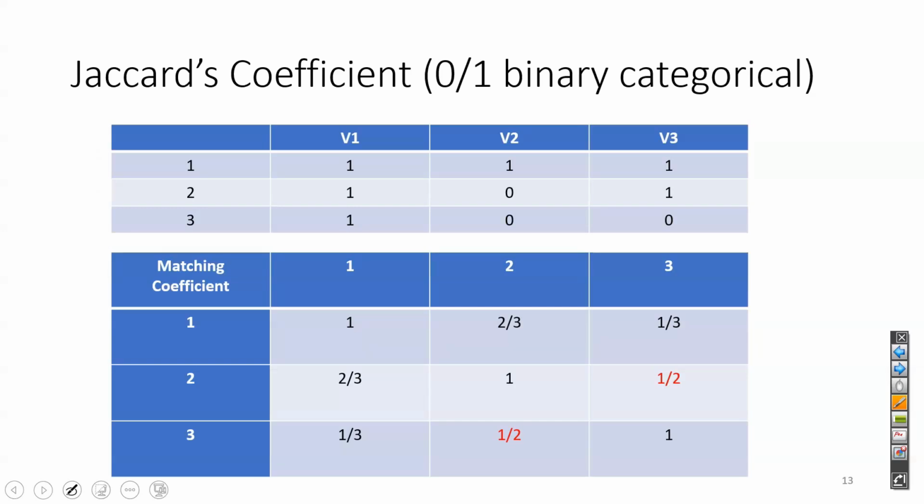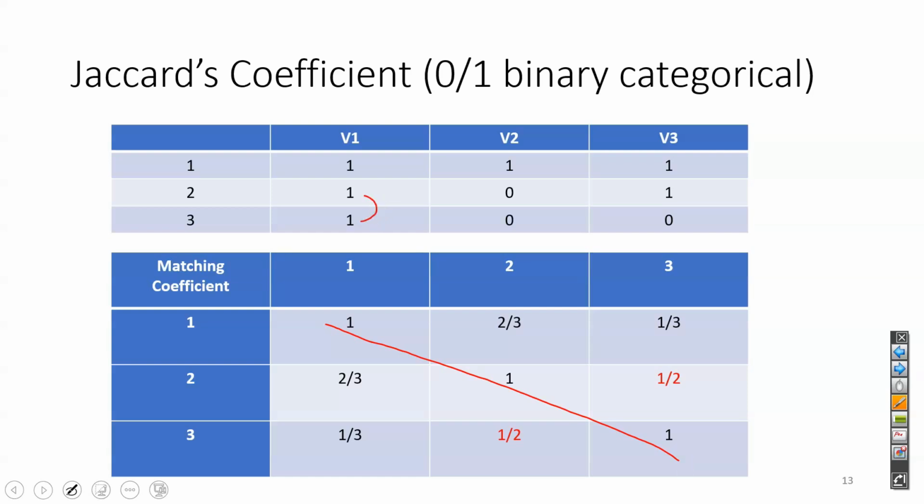This is the same example I showed you earlier. So I still have 1 over here. And let's see how I get half when I compare 2 and 3. When I compare 2 and 3, what do I get here?